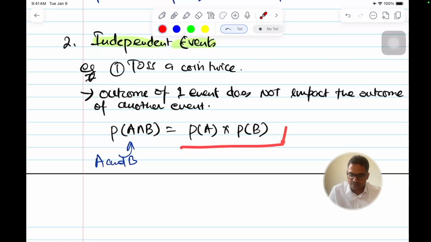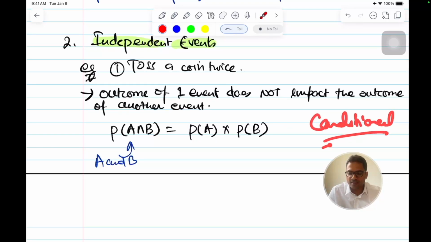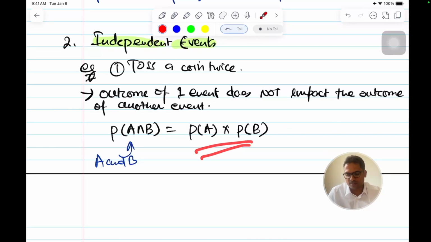I'll give you more information about this when we discuss conditional probability next, and that will make it more clear. I'll revisit this, maybe I'll explain this again. But this is what independent events are.